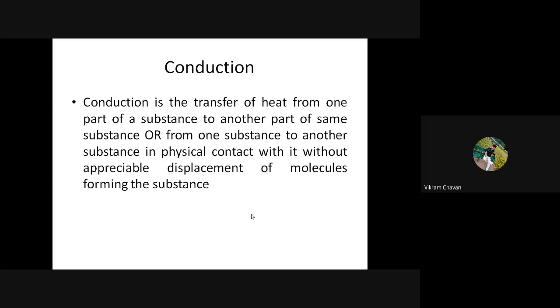In thermodynamics, we come to know how much energy or work is needed to convert one equilibrium state to another, when the substance changes its phase.